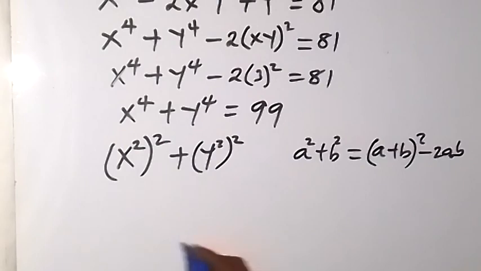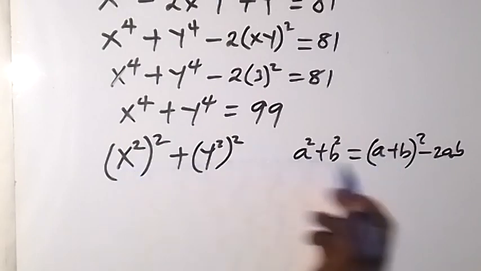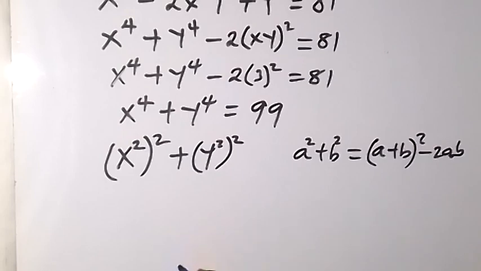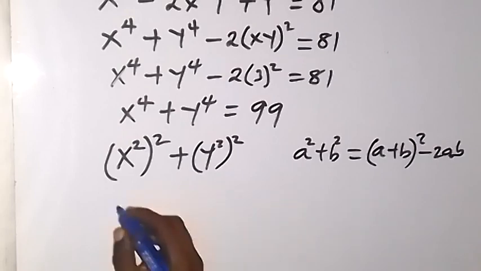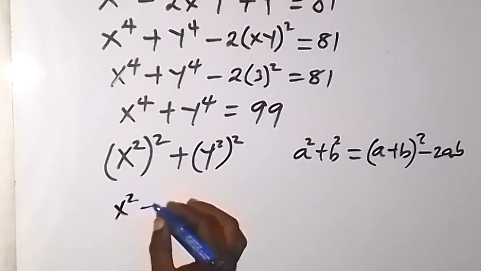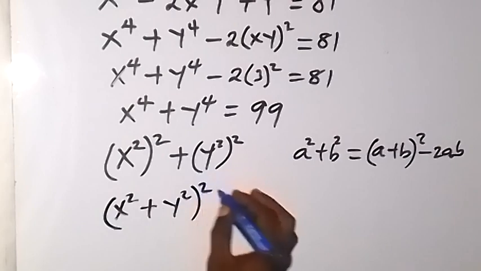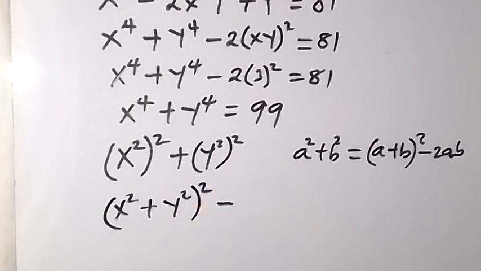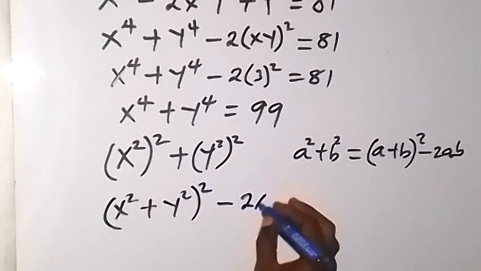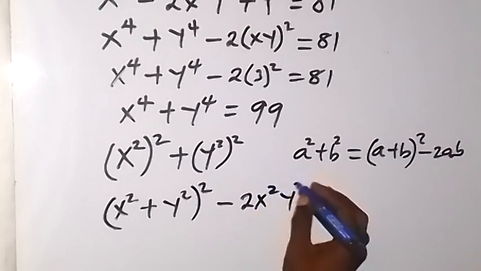Then when we use that here, and we say our x squared is a and our y squared is b, that means this will now give us (x squared plus y squared) all squared, then minus 2x squared y squared.